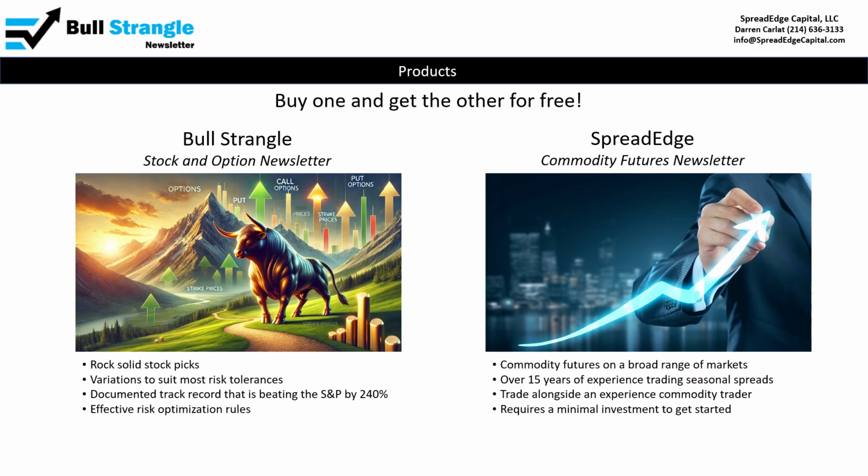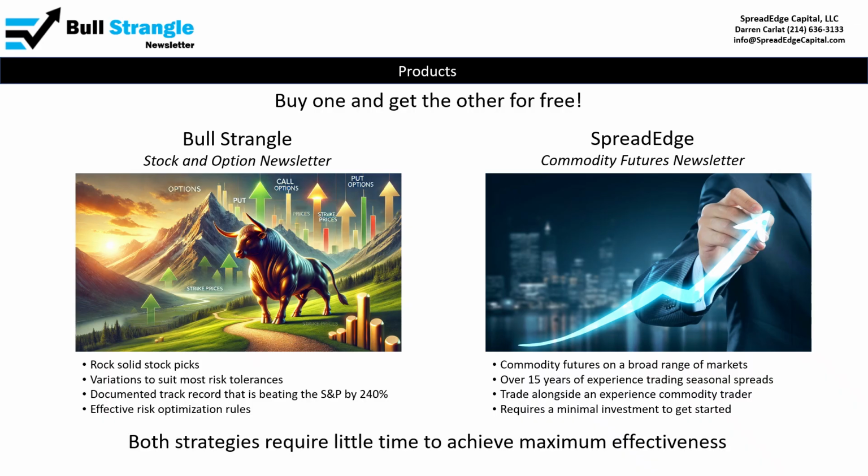And again, it requires a minimal investment to get started because commodity futures actually have a tremendous amount of leverage. One thing that is common across both strategies and both newsletters is that they do not require much maintenance for effective management.